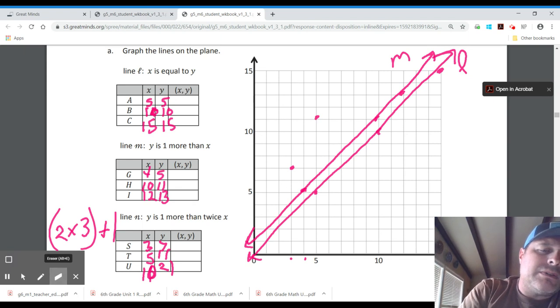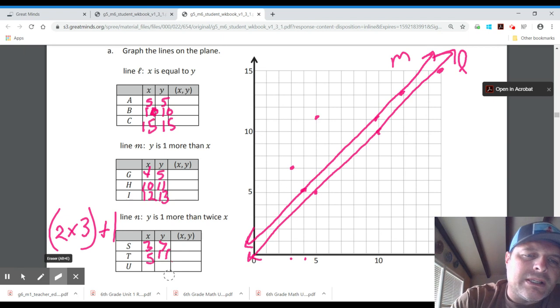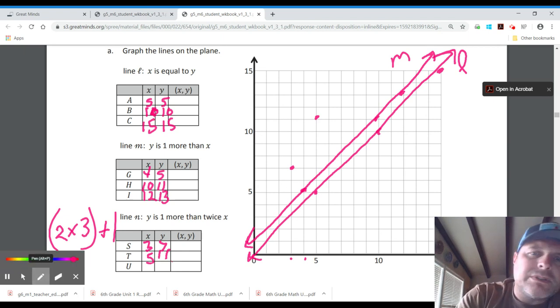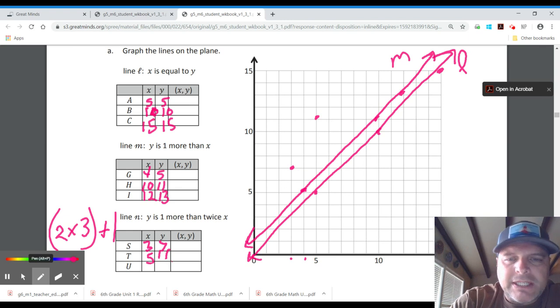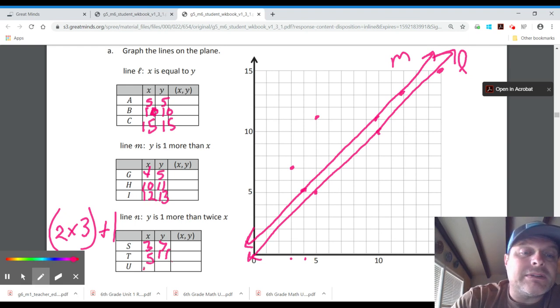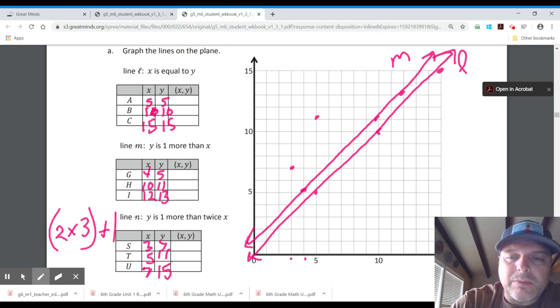So let me pick another number that's not as big, because 21 isn't even on the graph. You can see the biggest y that we have is 15. Okay. So I'm going to change that number to, let's say, 7. Now 7 is a good number because 7 times 2 is 14 plus 1 is 15. And that is the highest number on the y.